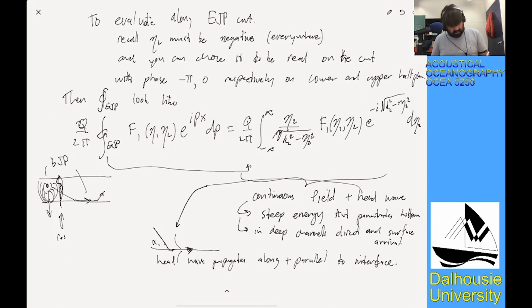And the direct path, and sometimes the surface arrival path if the bottom's far enough away. So we can algebraically isolate each part of the field, and you could plot, say, just the head wave by evaluating just the EJP and setting the rest of it to 0.